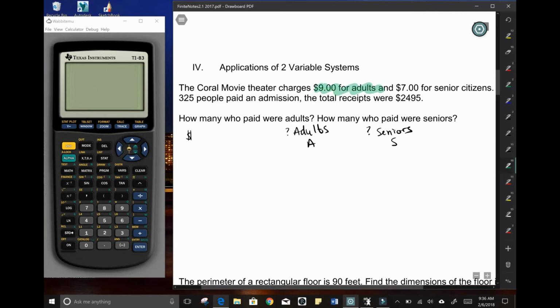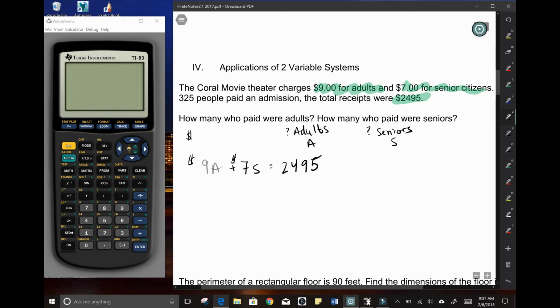So, $9 for adults. I know that a 9a is going to be involved somewhere. Okay? $7 for seniors. I know that a 7s is going to be involved. And these are both monetary values, so we better put the other monetary value in there, which is 2,495.